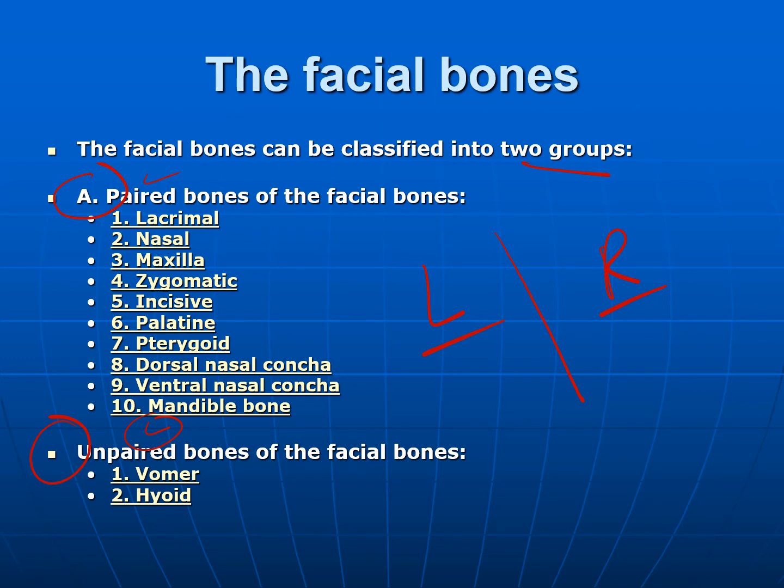For the paired bones, we have 10 bones. The first ones are the lacrimal, nasal, maxilla, zygomatic, incisive, palatine, pterygoid, dorsal nasal concha, ventral nasal concha, and we have the mandibles. For the unpaired, we have the vomer and the hyoid bone.